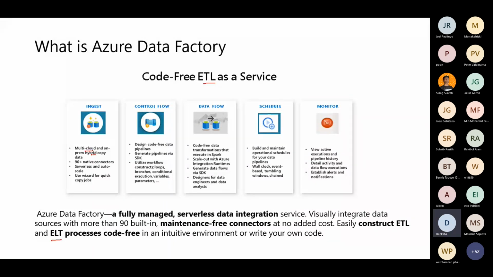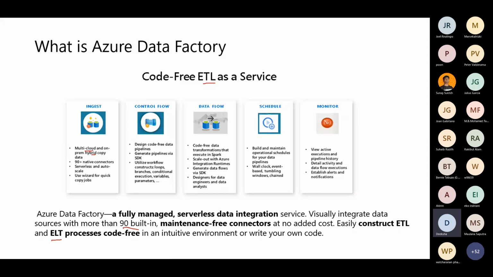Now the next thing is we have 90 plus built-in connectors available. You do not need to install anything for connecting with any service. For example, if I want to connect with GCP, with BigQuery, I do not need to install any connectors in my Data Factory.